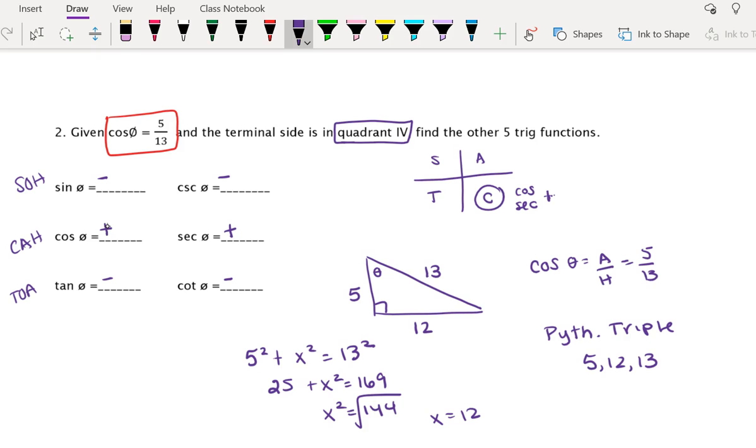Sine is equal to opposite over hypotenuse, 12/13, reciprocate. Cosine was given as 5 over 13, so secant is reciprocated at 13 over 5, and tangent is opposite over adjacent, and reciprocate for cotangent. Okay?